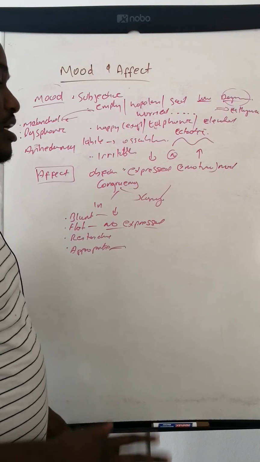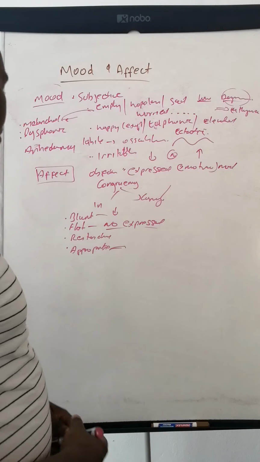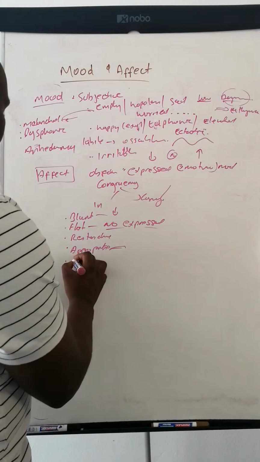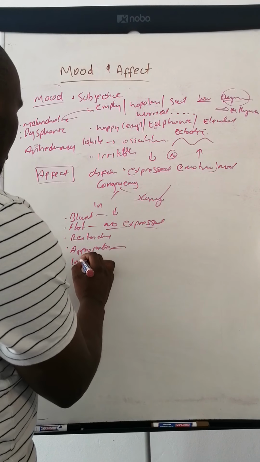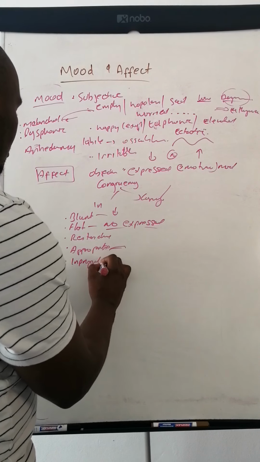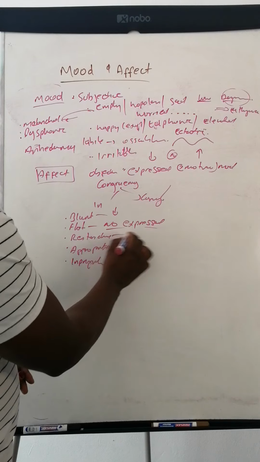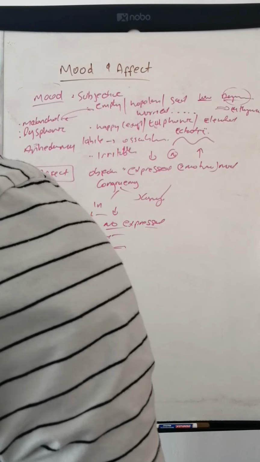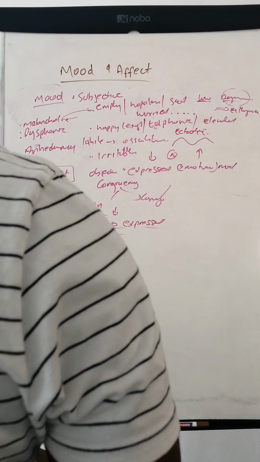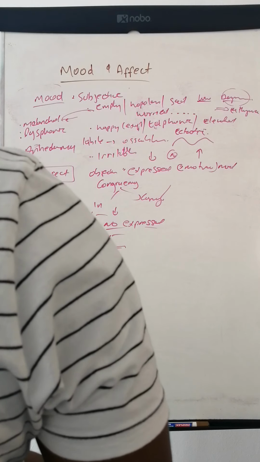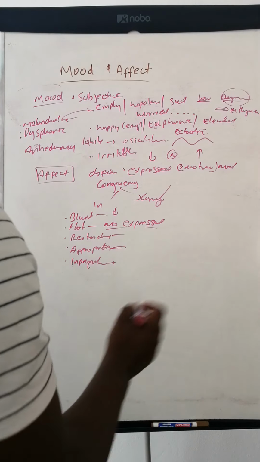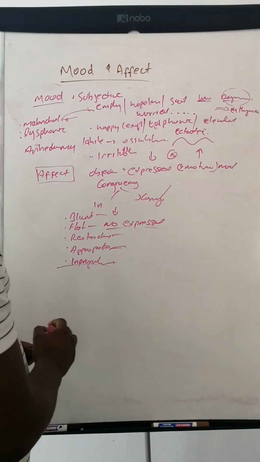Basically, just to make things simple, that's incongruent. So it can be inappropriate, it can be appropriate. It can be restrictive. Basically, that's that when it comes to the affect.